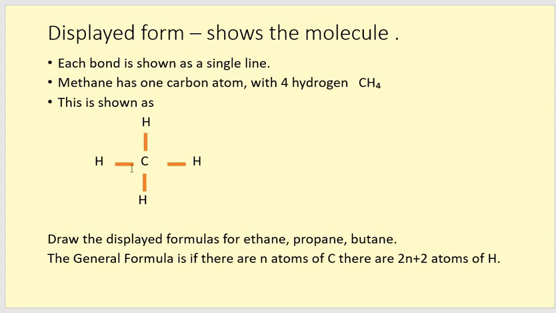It's got 1 carbon in it in the middle here, and as it's able to make 4 bonds, it's joined onto 4 lots of hydrogen. That gives you the formula CH4. You could write H4C. That would also be chemically correct. Just conventionally, the C goes first. And that is called a displayed formula. It's quite straightforward. It's a little bit like a squash spider, really.